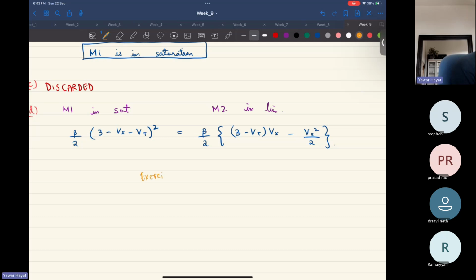Your exercise is to convince yourself that this equation makes sense for realistic values of your Vx and Vt.